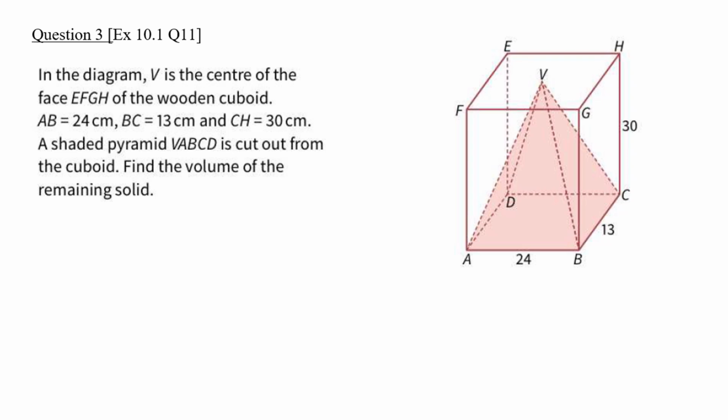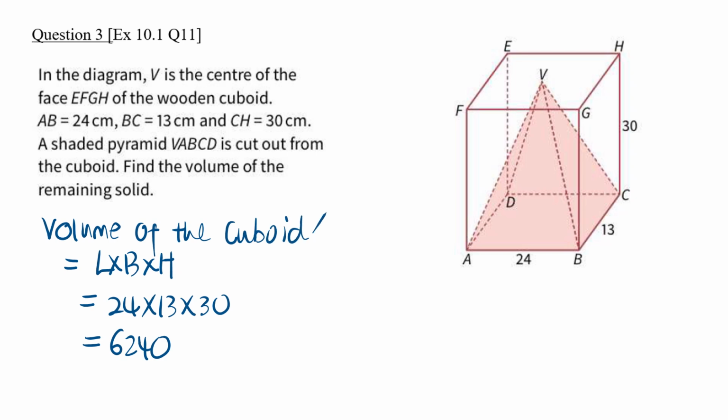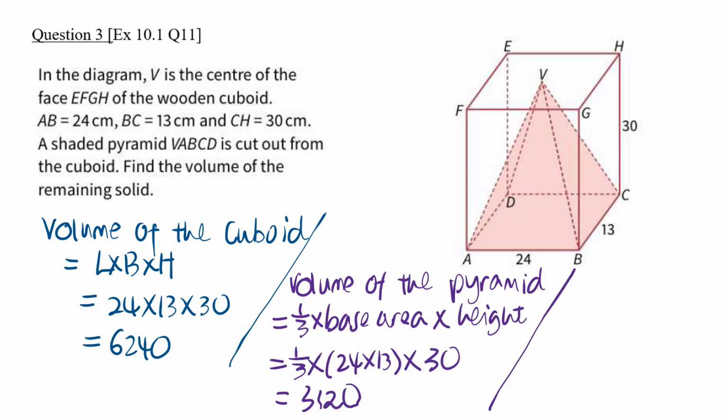So all we need to do is find the volume of the cuboid, which is base length times breadth times height. So it's 24 times 13 times 30, which gives you 9360. And then find the volume of the pyramid, which is 1/3 times base area times height. Now in this case, you see that the height of the pyramid is the same as the height of your cuboid, which is 30.